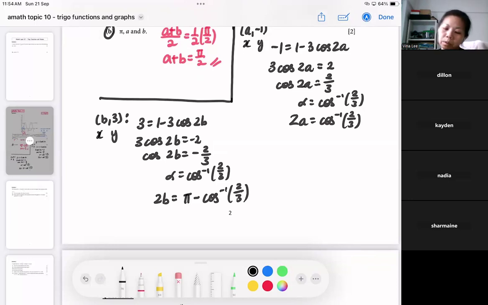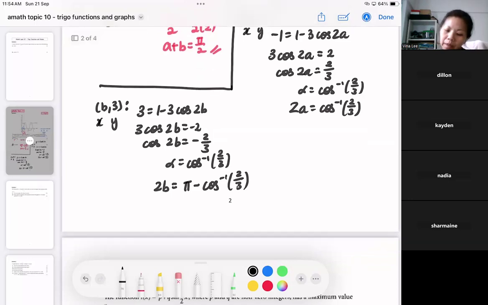So I do a substitution, I do ASTC, then I end up doing a simultaneous equation after I substitute the X and Y coordinate.